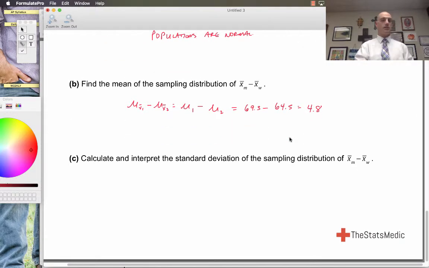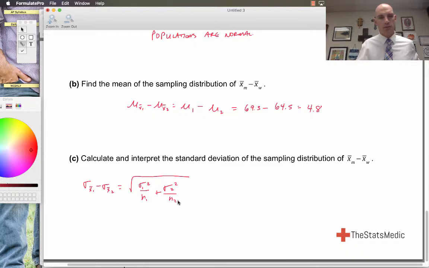Now, if we want to calculate and interpret the standard deviation of the sampling distribution for x sub m minus x sub w, it's important to remember it's men minus women in this case. It could be the other way around, but that's how they've outlined it. So the standard deviation of x bar 1 minus x bar 2 is equal to the square root of the sum of the squares of the standard deviations over n: standard deviation 1 squared over n1 plus standard deviation 2 squared over n2.